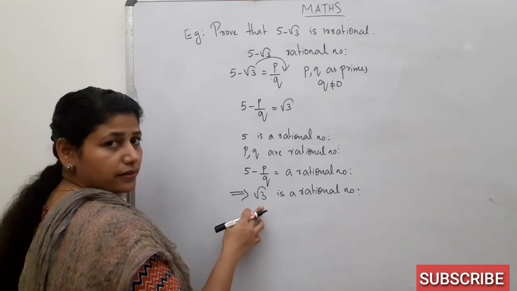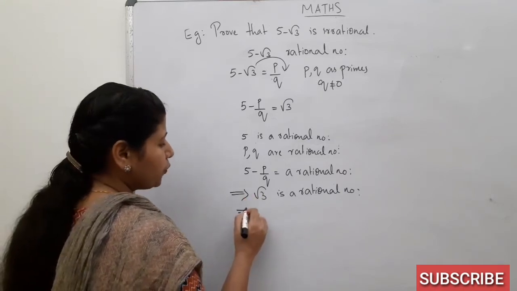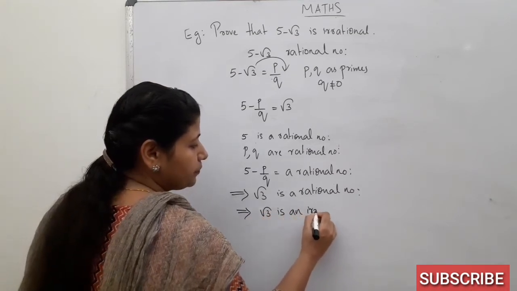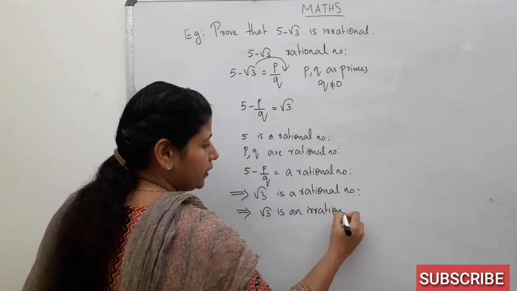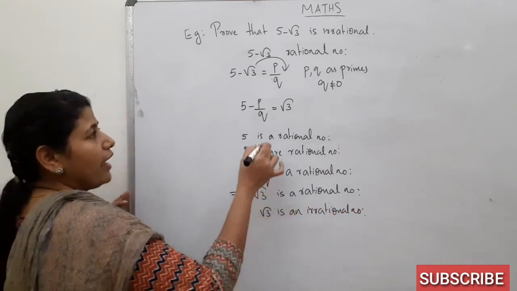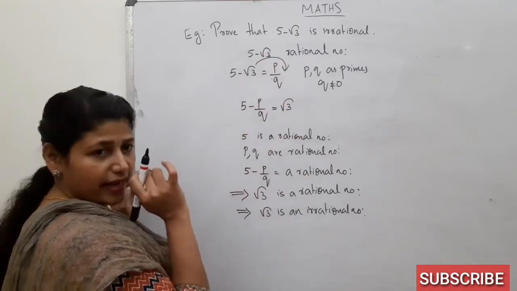Is that right? No. We know that root 3 is an irrational number, that we all know. This happened because we have taken 5 minus root 3 as a rational number.